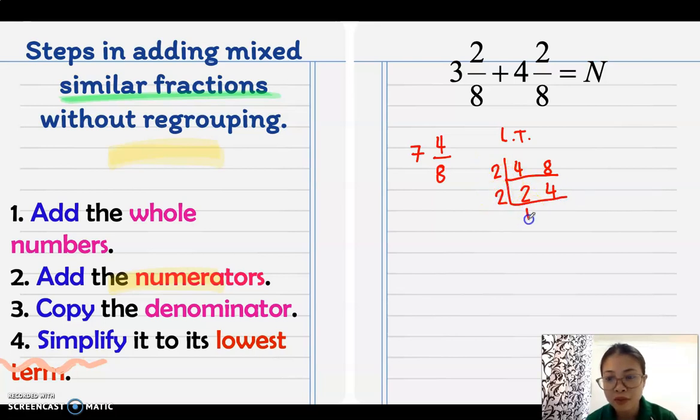So that is 1 and 2. There's no common factor between 1 and 2. Therefore, the lowest term is 1/2. But do not forget the whole number. You copy it. Therefore, the answer is 7 and 1/2.